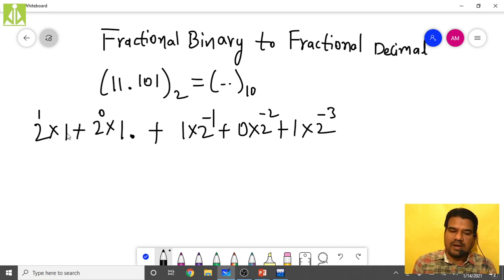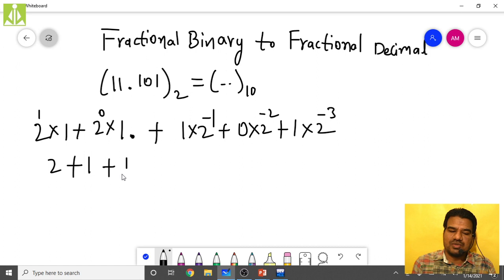2 power 1 multiplied with 1 is 2 only, plus 2 power 0 multiplied with 1 is 1 only. Now ignore this decimal point; we used it only to give the powers, and after that it is meaningless because we now have all the operators. Then plus 1 multiplied with 1 by 2, that is 1 by 2.